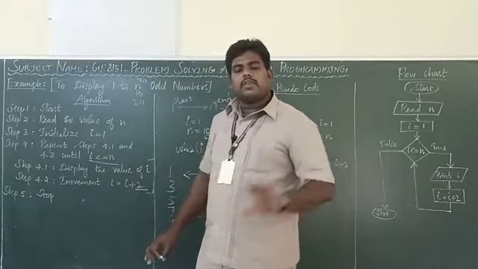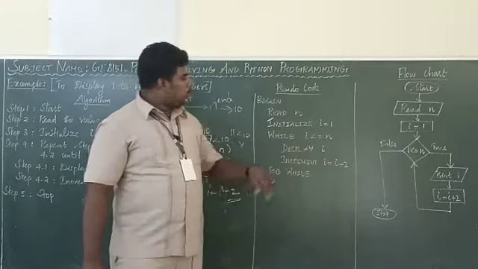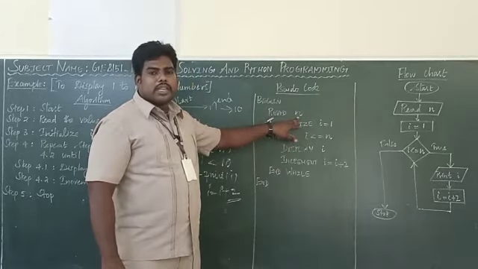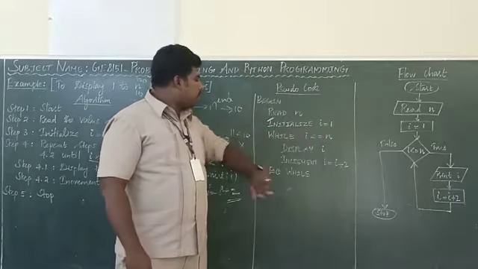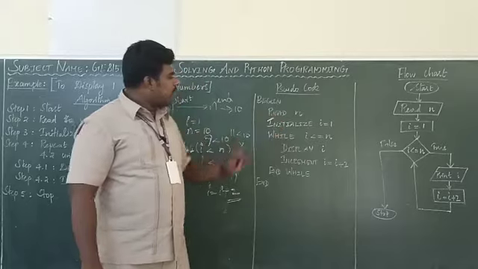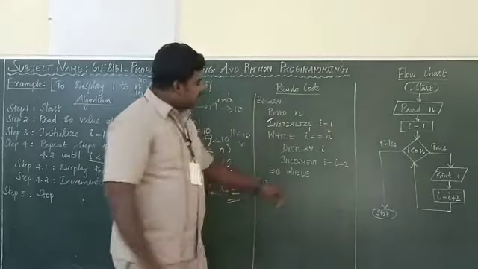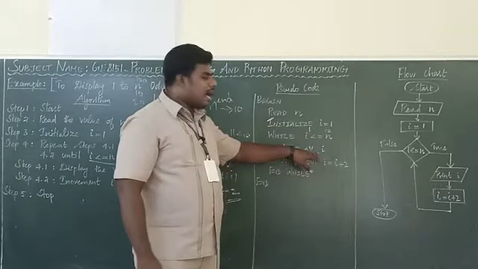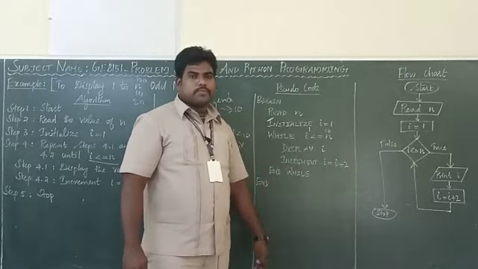The same thing we are going to represent in the form of pseudo code. Instead of start, we write begin, then indentation. I am reading the n value from the user, initializing the conditional variable for looping, checking a condition: while I less than n. What's the I value? 1. What's the n value? For example, 10. Till this I value reaches 10, it will display I and increment with I equal to I plus 2.